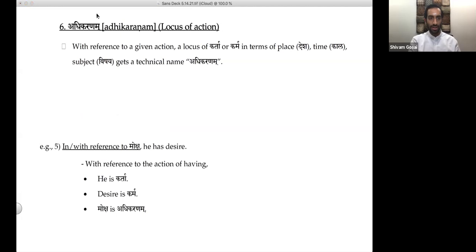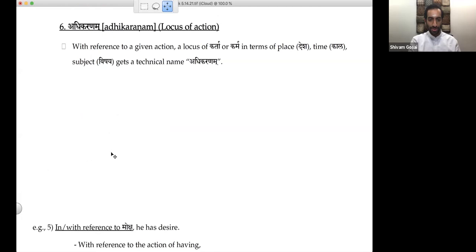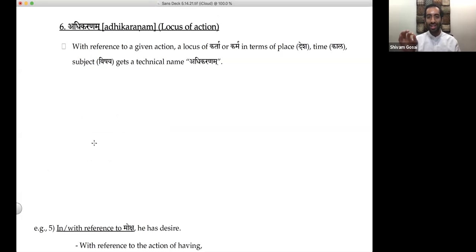And this last one here, with reference to moksha, he has desires. So go all the way back, down at the bottom of the screen. With reference to the action of having, who has? He has, so he is the karta. He has what? Desire. So desire is the karma.